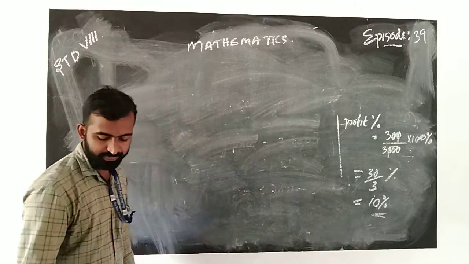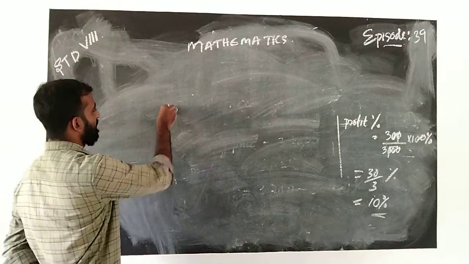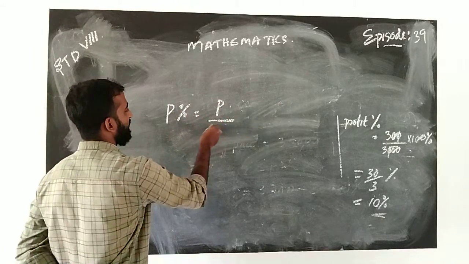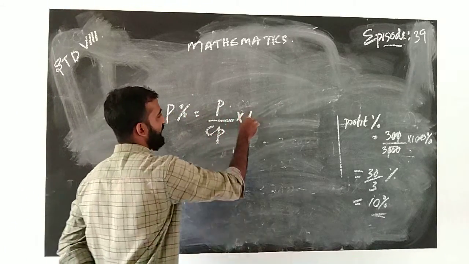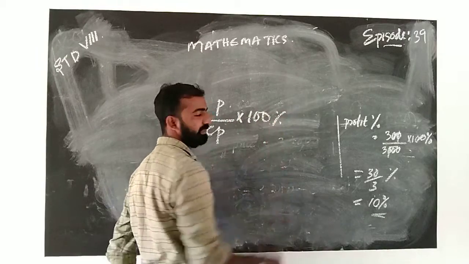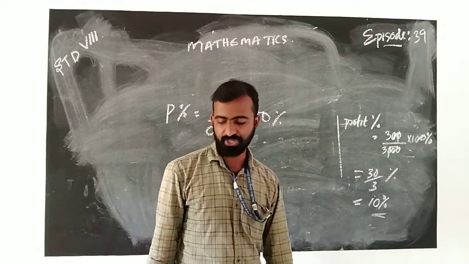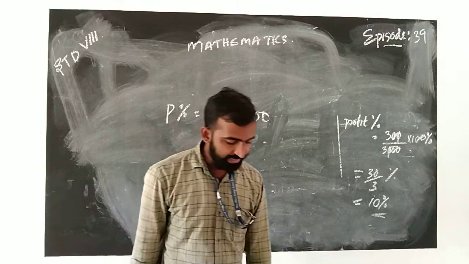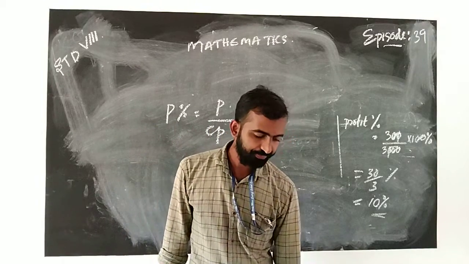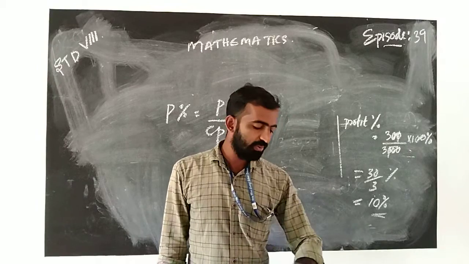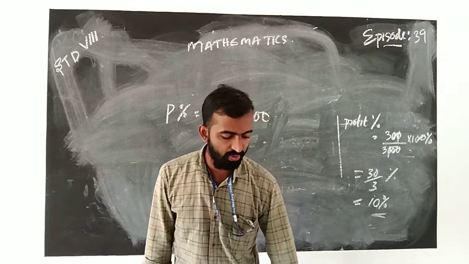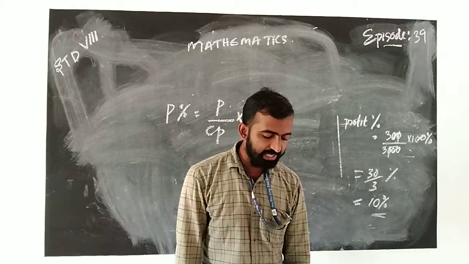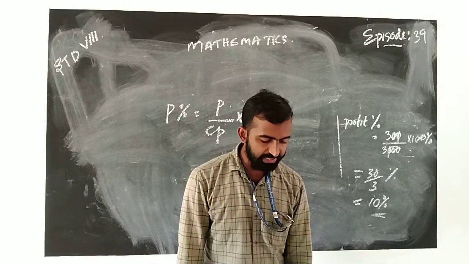Profit percentage equals profit by cost price into 100. That is the equation. And next we are going to discuss finding the selling price.